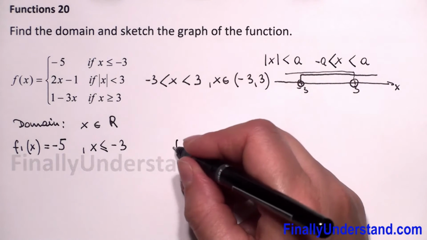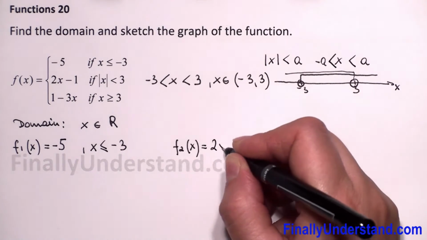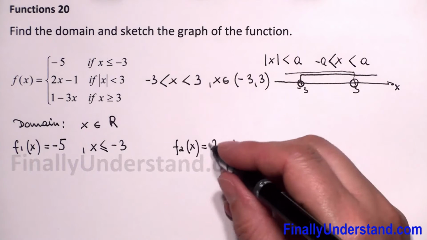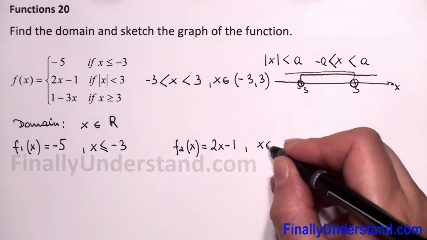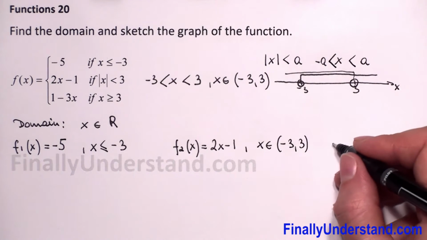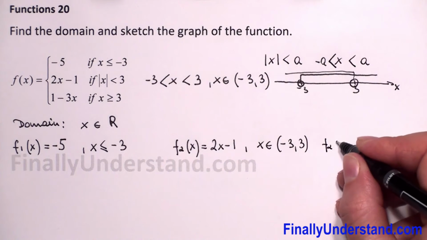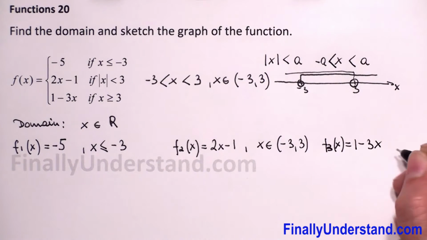The second, f2 of x, is equal to 2x minus 1, and I will draw this function for x belongs to interval from -3 to 3. And the third function will be 1 minus 3x, and this function will be only for x greater than or equals 3.